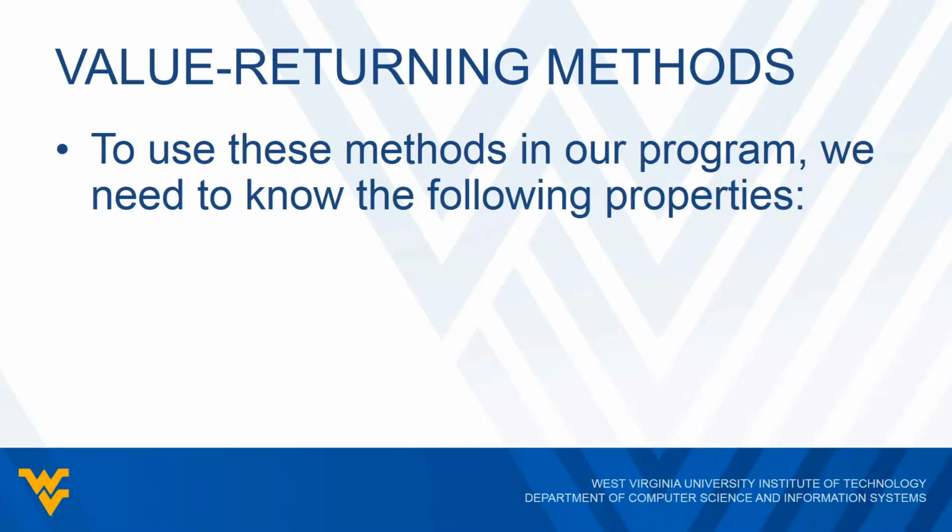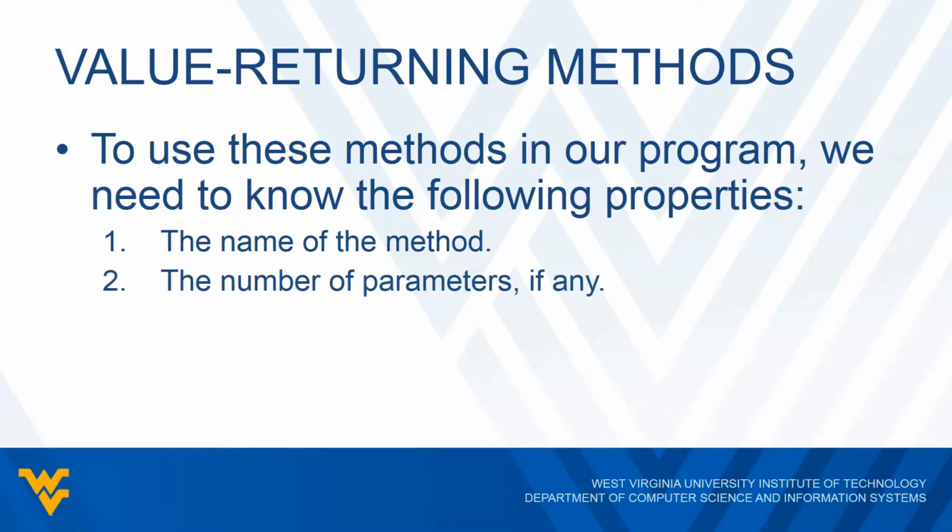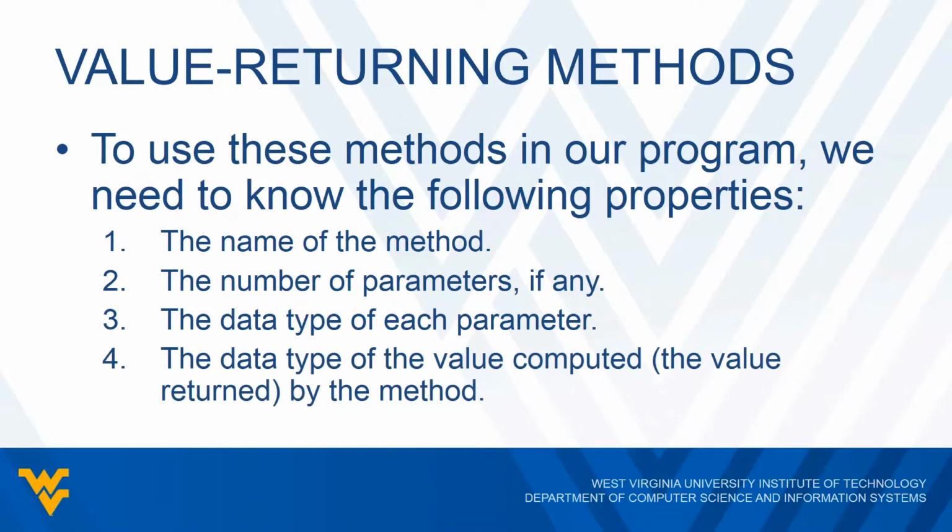So we need to have the following properties figured out. We need to know the name of the method. We need to know the number of parameters, or even if there are going to be any parameters. We need to know the data type of each parameter. And we need to know the data type of the value that we're going to compute by the method. This is also the value that's returned. So whatever our computation is, this would be the value of the method itself.